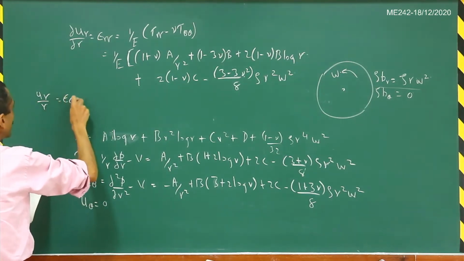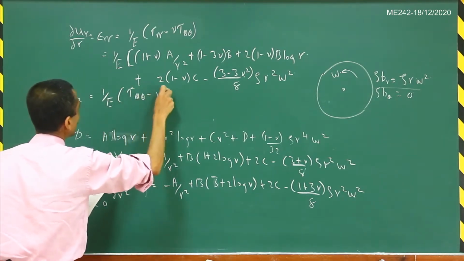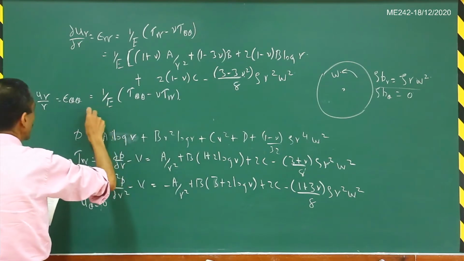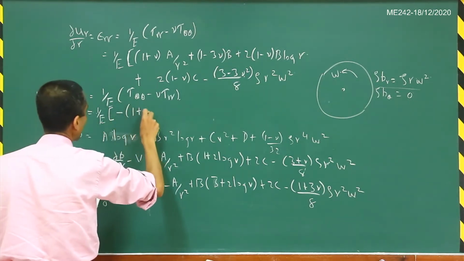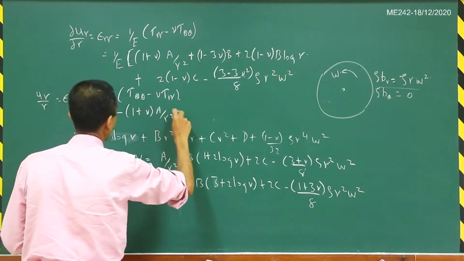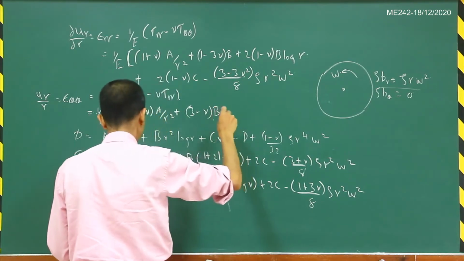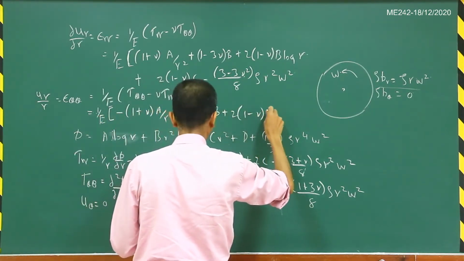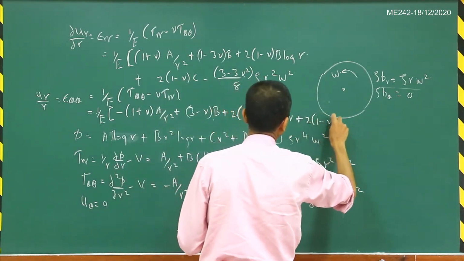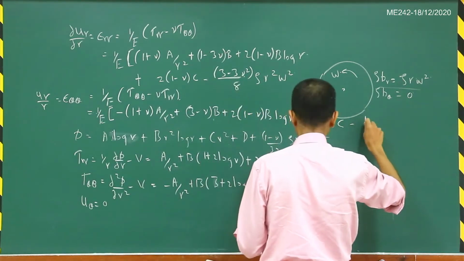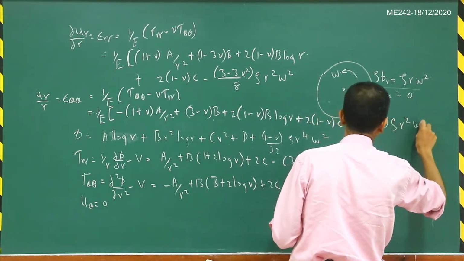That is epsilon theta theta, which is equal to 1 by e times (tau theta theta minus mu times tau r r), and that is equal to 1 by e times minus of (1 plus mu) times a by r square, plus (3 minus mu) times b, plus 2 into (1 minus mu) times b log r, plus 2 into (1 minus mu) times c, minus (1 minus mu square) by 8 rho r square omega square.